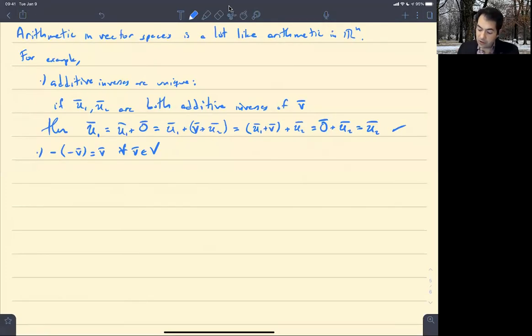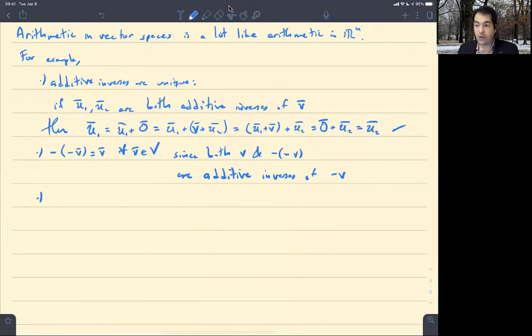So we just need to notice that both v and minus minus v are additive inverses of minus v. Right? And we just showed that additive inverses are unique. Right? So then they have to be equal.